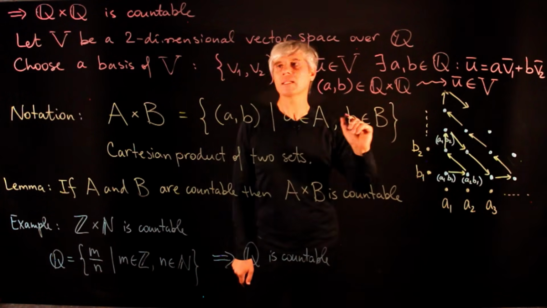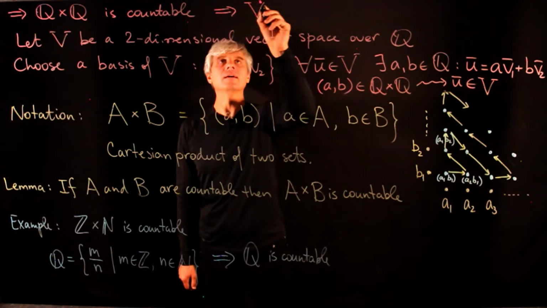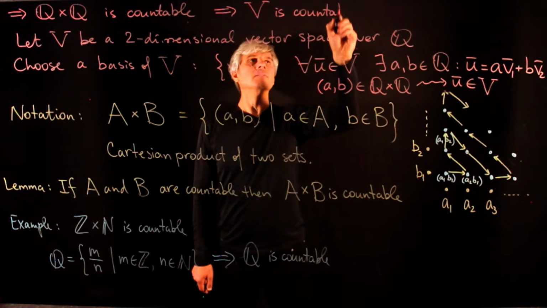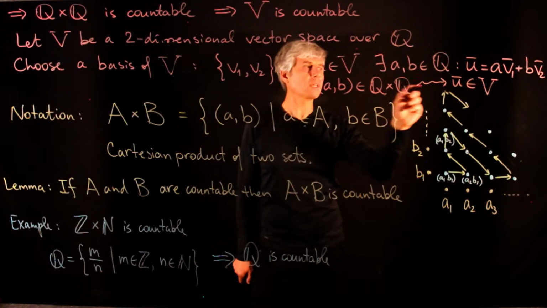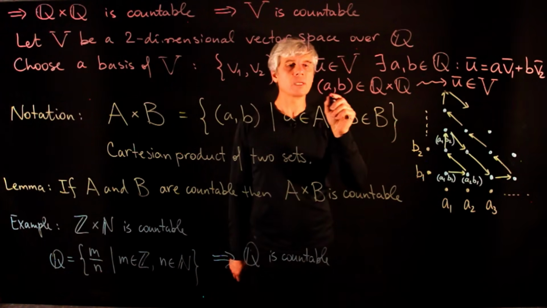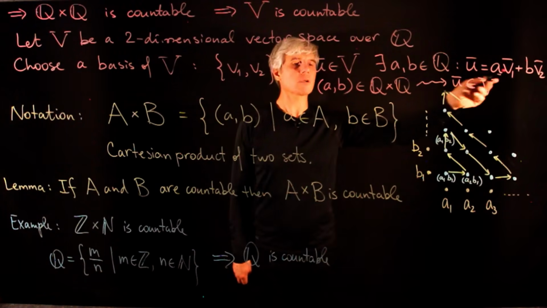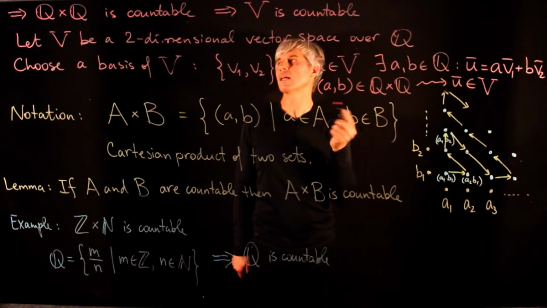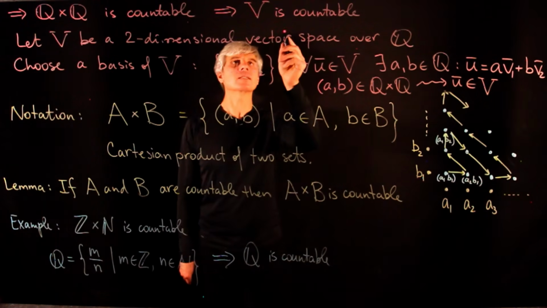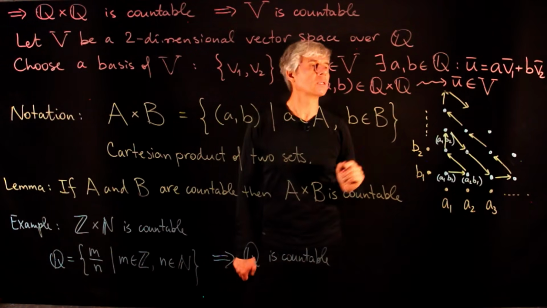So this implies that V is countable as a set, because elements of this vector space can be indexed by two rational numbers. And we know that the number of pairs of rational numbers is countable. So a two-dimensional vector space over Q is countable.